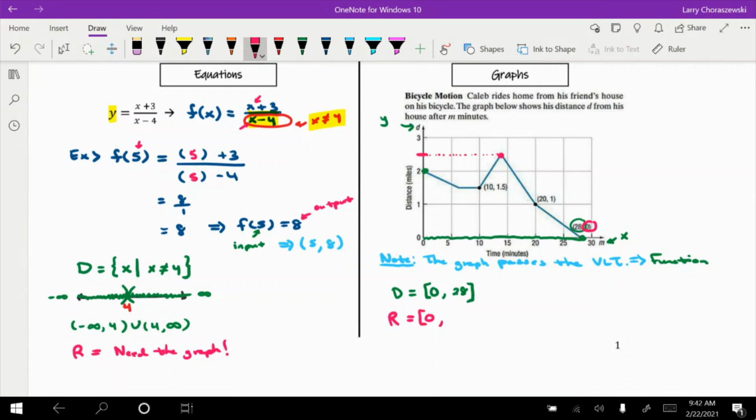For the sake of simplicity, maybe we could say that's 2.5. If we had more information, we could be more specific, but I'm just going to say that the largest y value on this graph is about 2.5. So I'm going to write 2.5 and put a bracket on it.